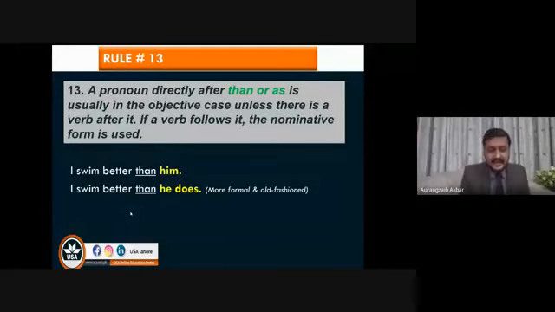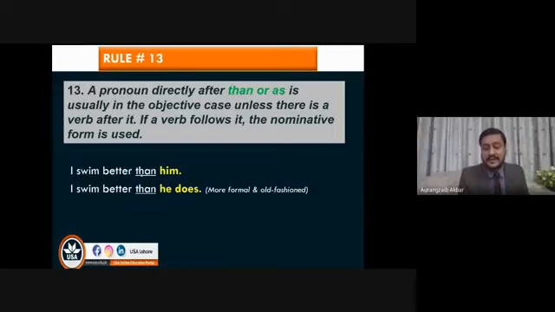Here in this sentence, look at the him. Him is used after than. Whenever a pronoun comes directly after than and as, it will take an objective form.